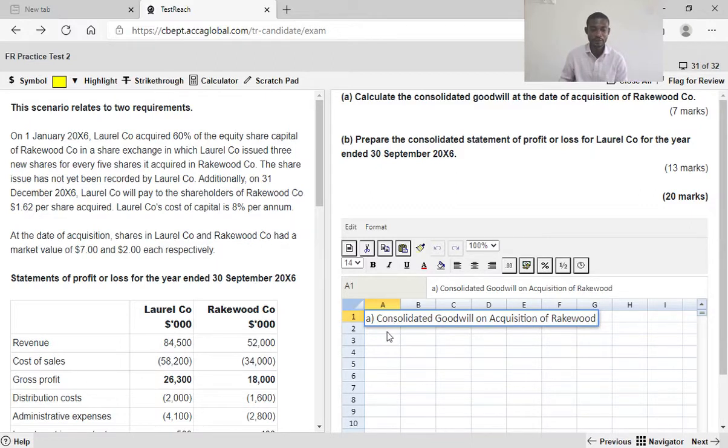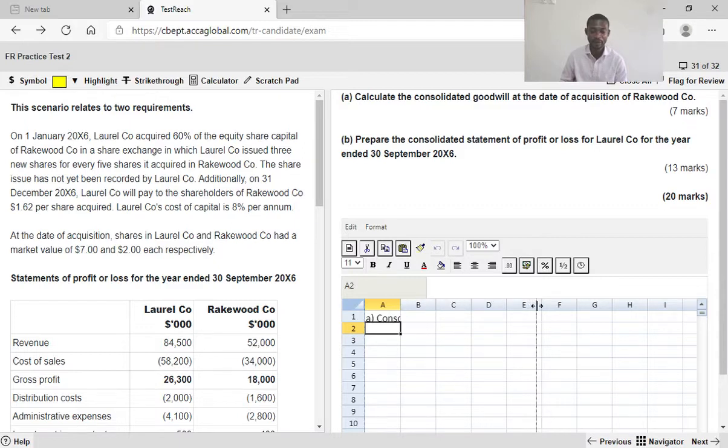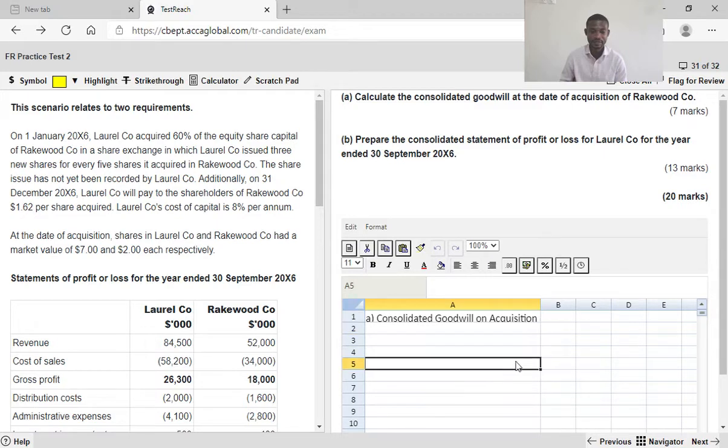You don't need to format this or change the font. Let's see the full heading quickly. So it's in cell A, and we are seeing it clearly.